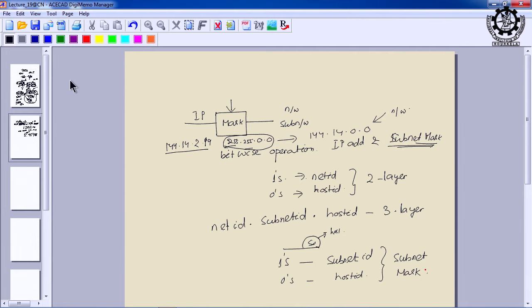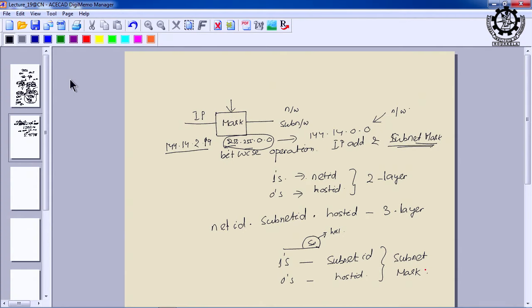This is how your whole IP address is fragmented into different sections to identify which network and which subnetwork it belongs to. Then the packet is delivered to a particular host, which maps the corresponding IP address to its physical address or the MAC address.